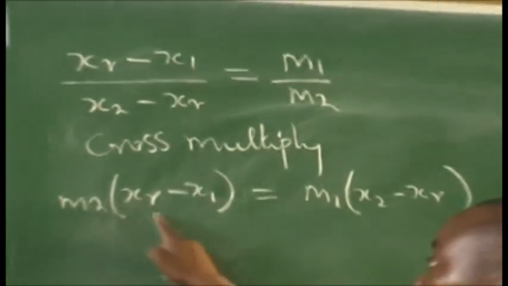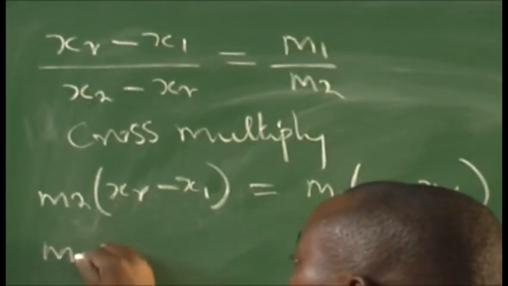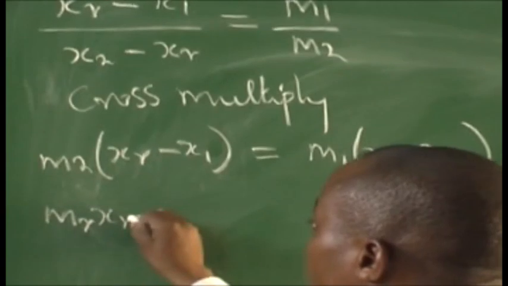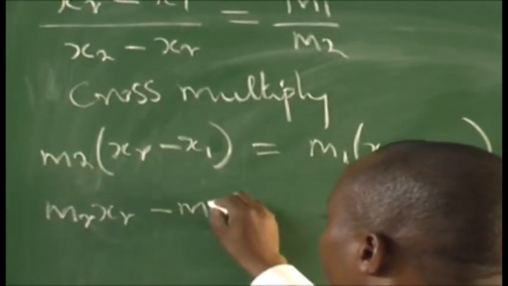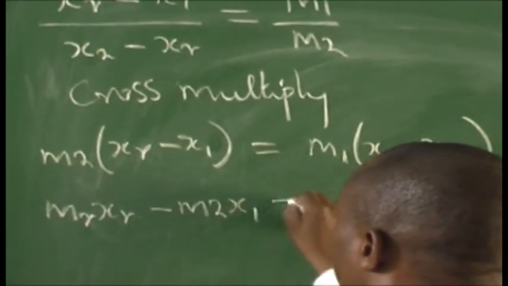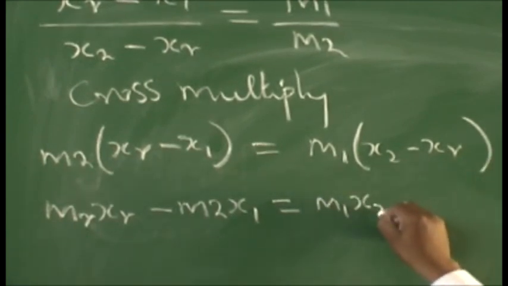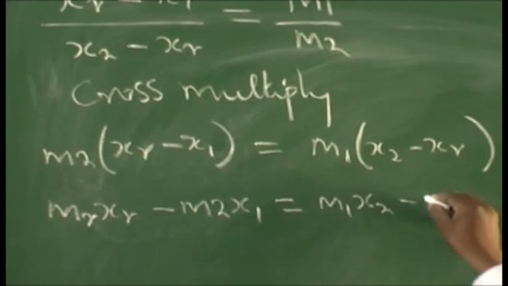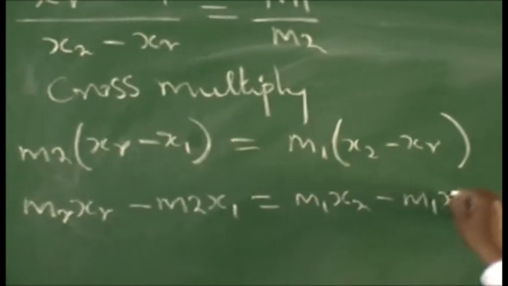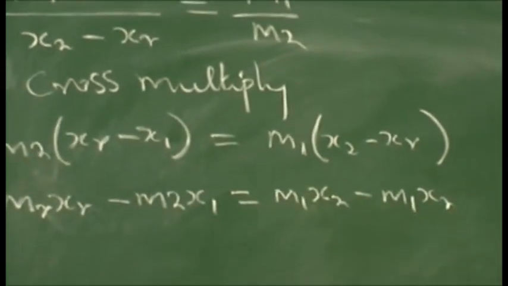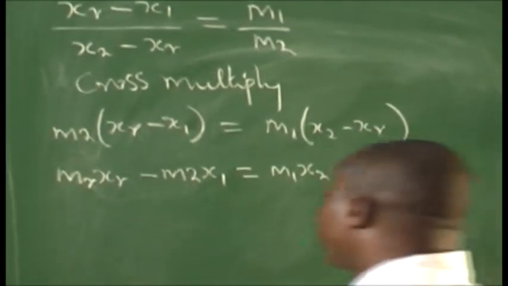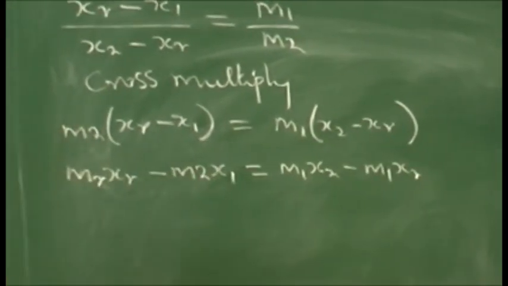Now, if I multiply this out, I'll have M2 SR minus M2 S1 will be the same as M1 S2 minus M1 SR.